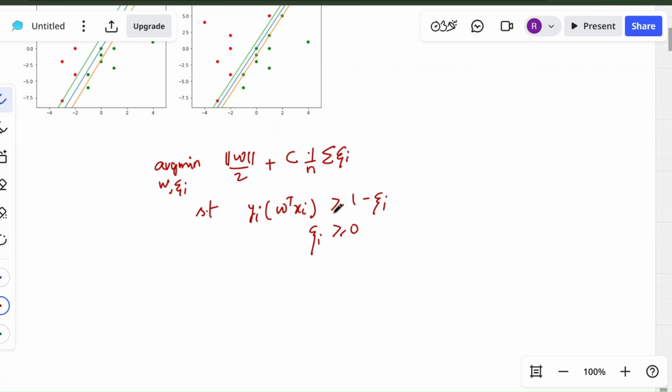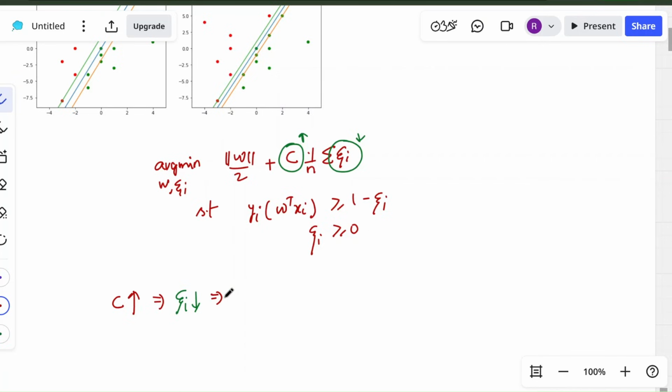See what happens when C increases. When C increases, zeta i's will decrease, right? Because we have to minimize this whole thing. So if C increases, then zeta i's have to decrease. What does it mean to say that zeta i's decrease?